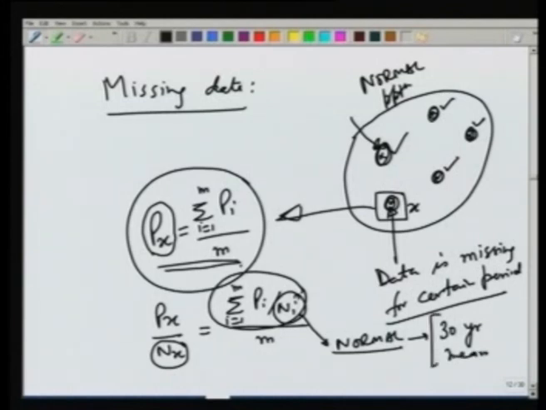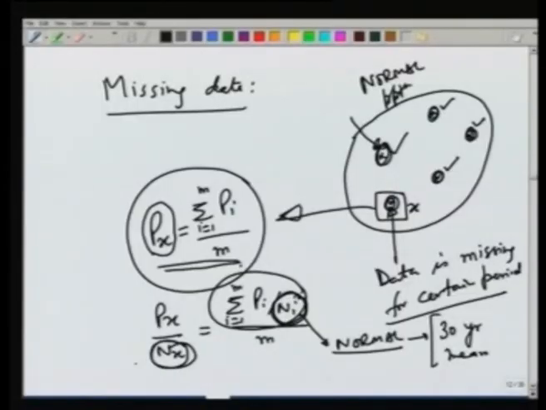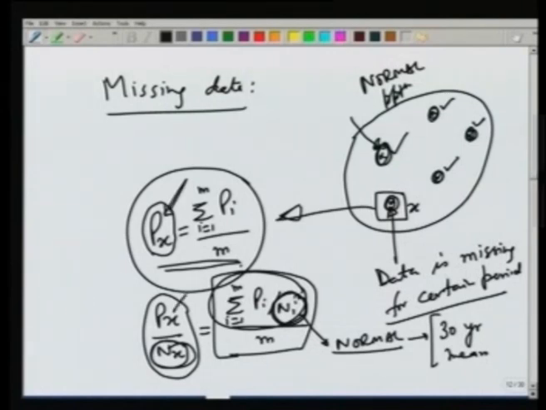For example, suppose the data is missing for 1st of January, then we say over the last 30 years what is the average precipitation on the 1st of January at various gauges, and that is Ni or Nx for the gauge under consideration. So, we say that the ratio of precipitation on that day to the normal rainfall on that day should be the arithmetic mean of the similar ratios for the other stations. So, this will help us in filling in the missing value P x.